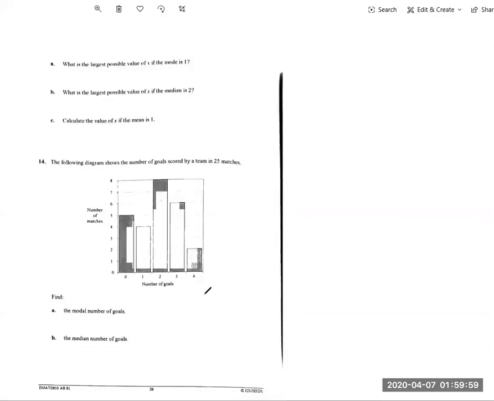Question number 14. Now, the table doesn't seem to be very clear. Let's see anything that we need to touch up. First of all, let's interpret this bar chart first.